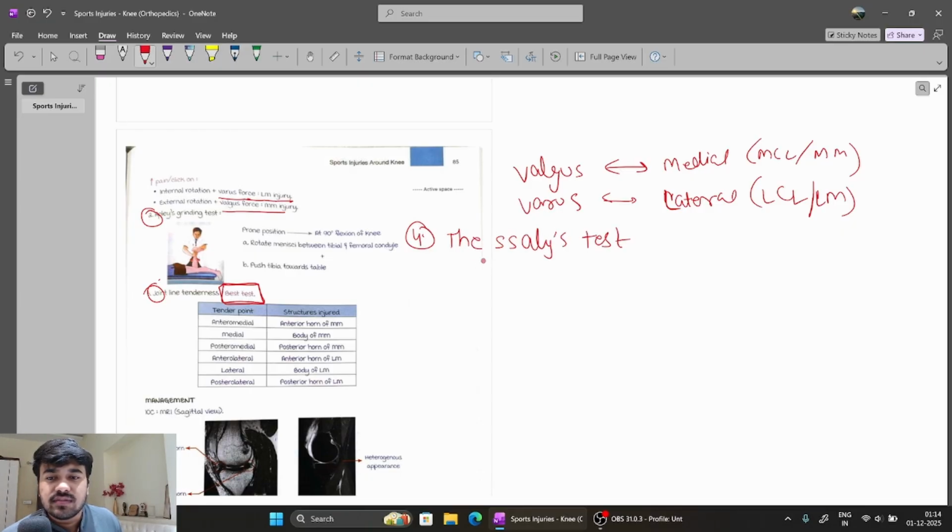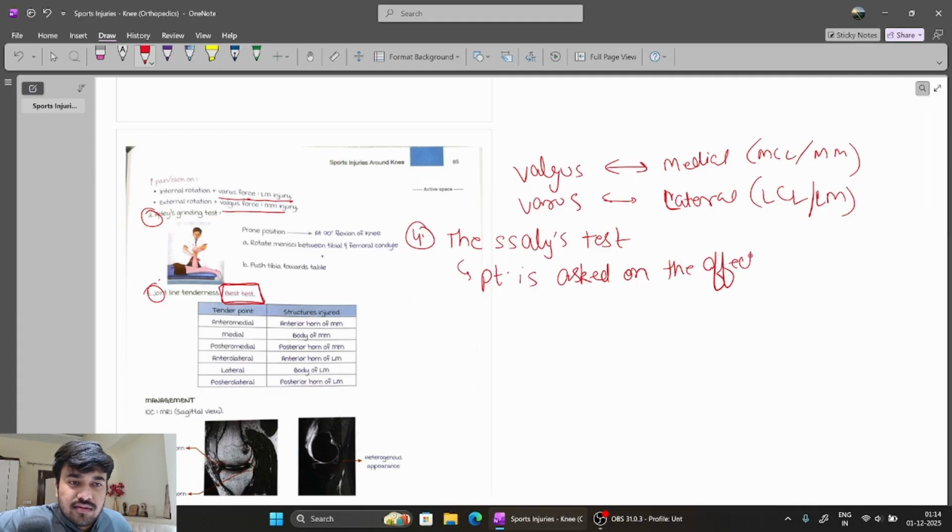This test is similar to Apley's grinding test, and what we do is the patient is asked to stand on one leg, on the affected leg, right, and then asked to twist their body.